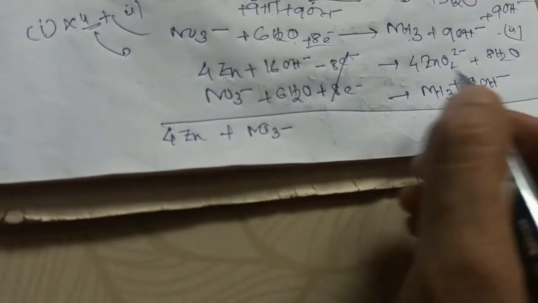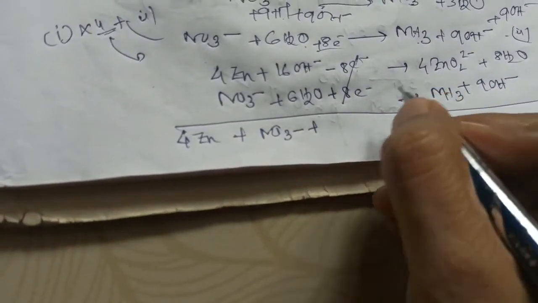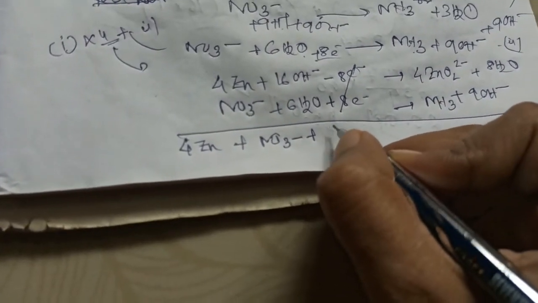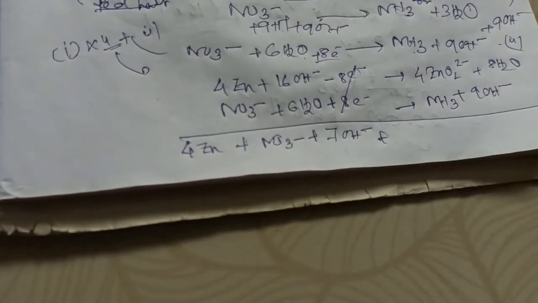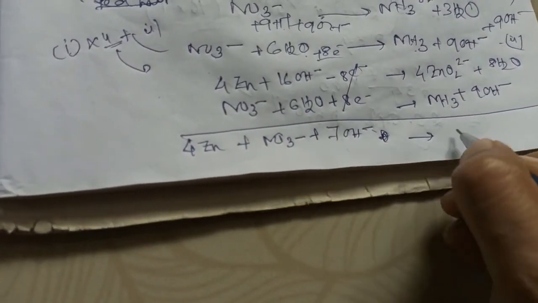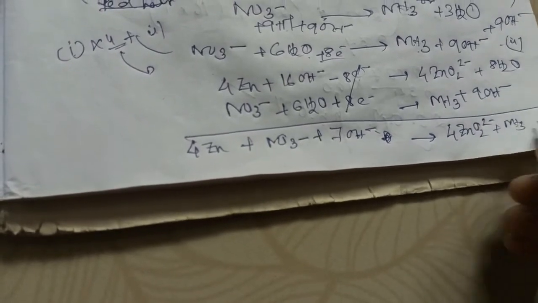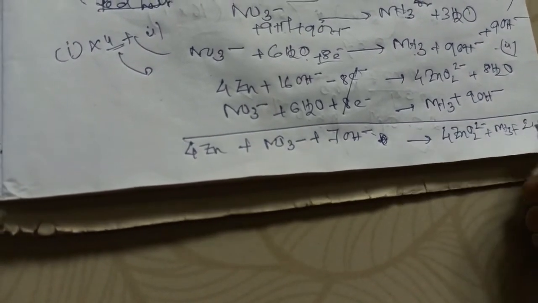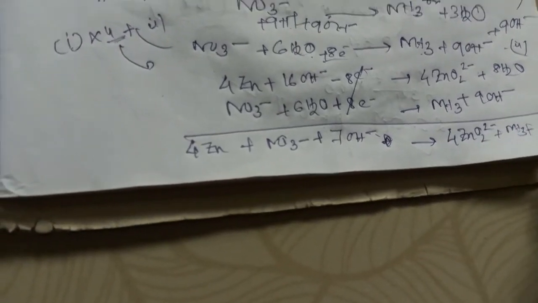So 16 minus 9, how much, 7, right? Now 7 OH minus, plus here 8 H2O, 6 H2O, so we will not write water here, arrow 4ZnO2 2 minus plus NH3 plus 2H2O. So that's the balanced equation.